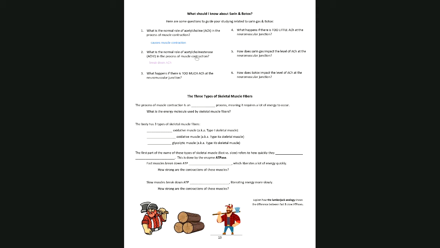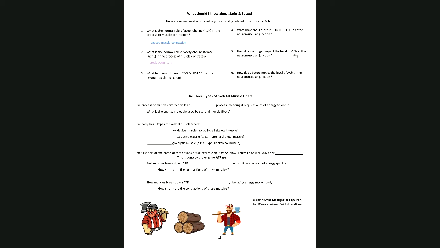Okay, no problem. So we said that sarin gas impacts acetylcholinesterase, right? It stops it from doing its job. So when we talk about sarin gas, what happens to my acetylcholine? Do I end up having more or less of it being heard by my muscle cell?